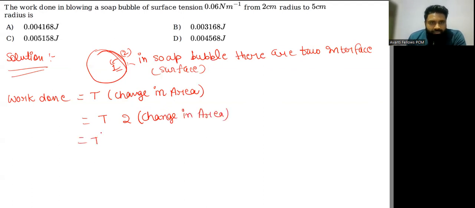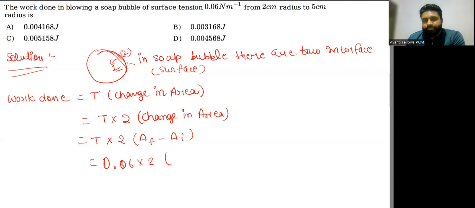Now T into 2 change in area. Change in area is A final minus A initial. Okay. So tension you will have 0.06 into 2. Now change in area: the surface area of the bubble, or the sphere because the bubble is a sphere, is 4 pi r square.